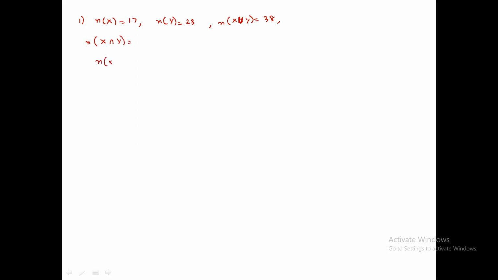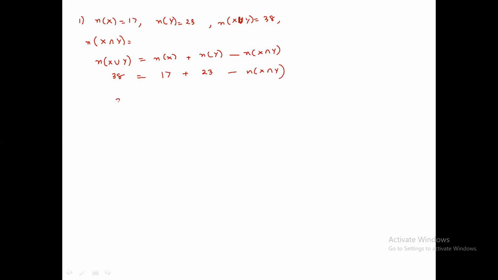So the formula we will use is n of x union y equal to n of x plus n of y minus n of x intersection y. So n of x union y is 38. N of x is 17, n of y is 23, and n of x intersection y we have to find.